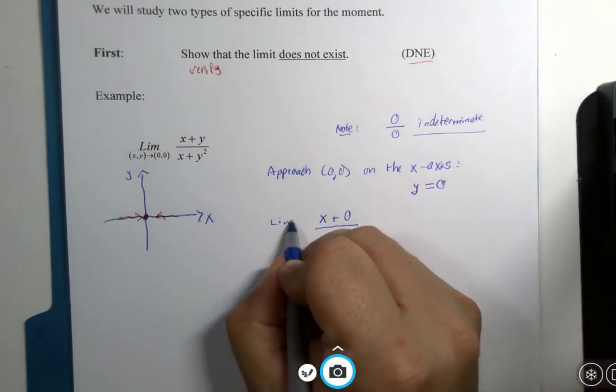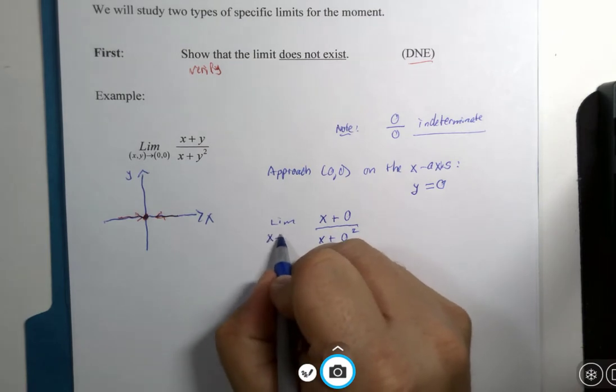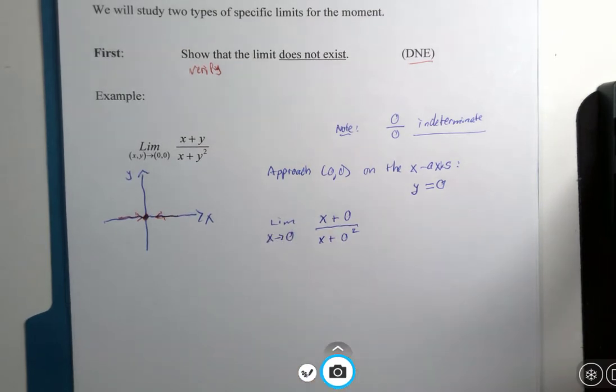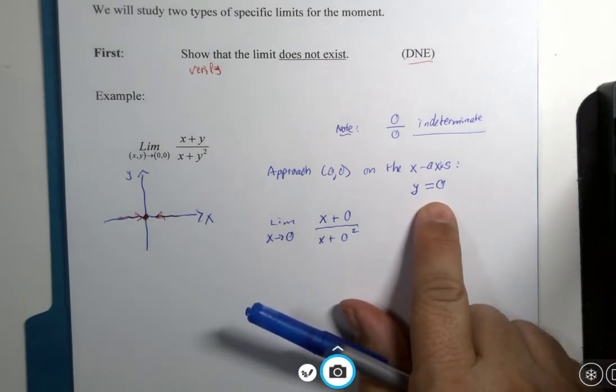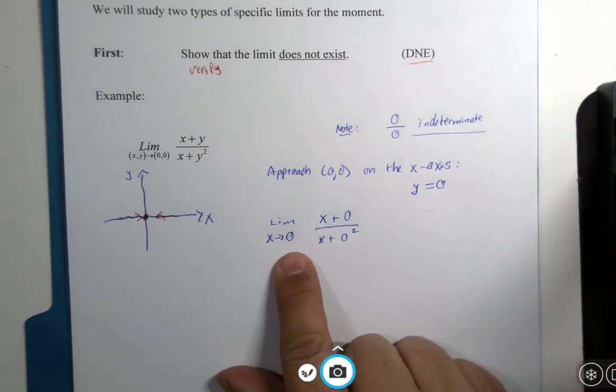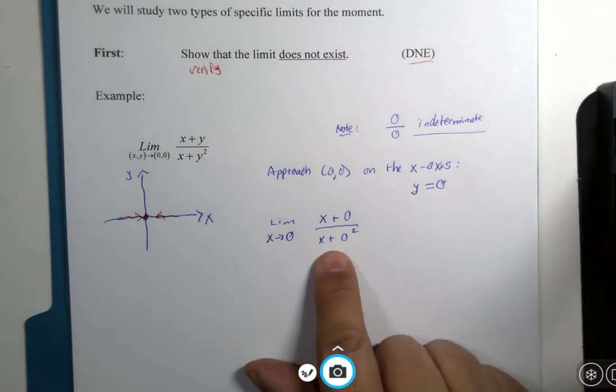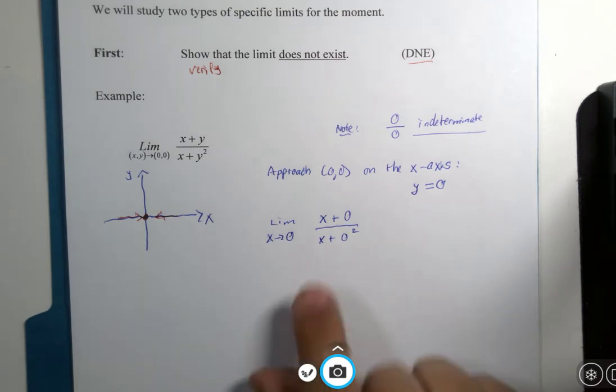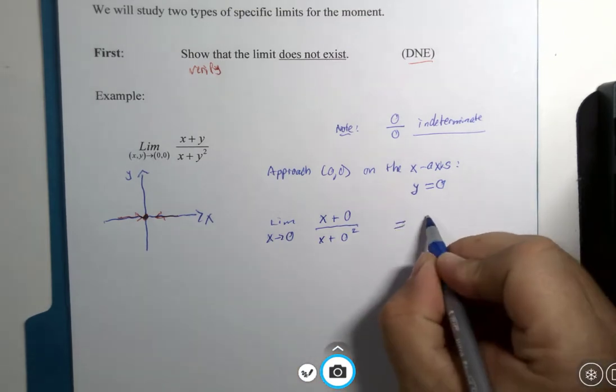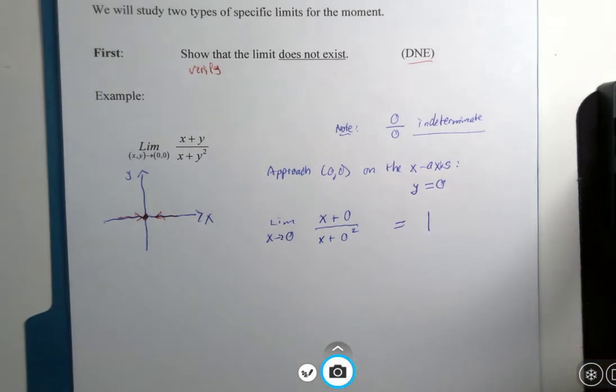And now all we have to do is find out, well, what happens if x approaches 0? You see how that works? If y is already 0, now we have a single variable limit to look at. Well, it turns out that this expression reduces to 1. X divided by x is 1. So there's a value there.